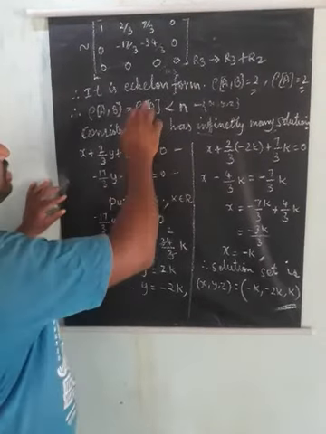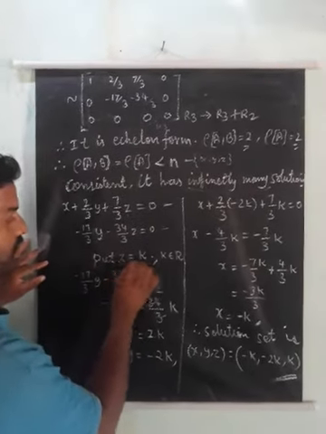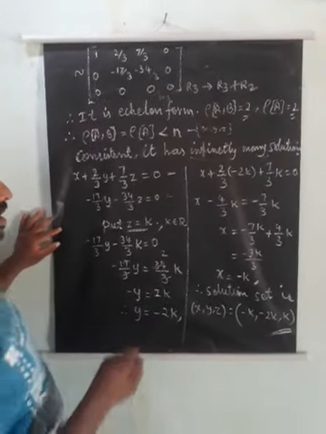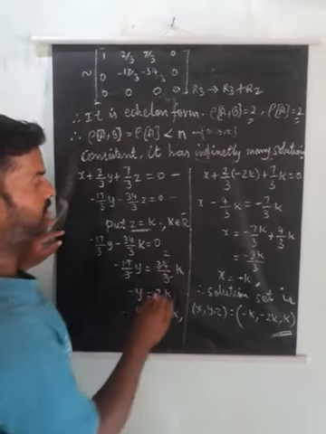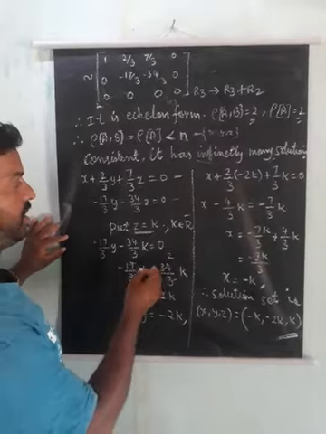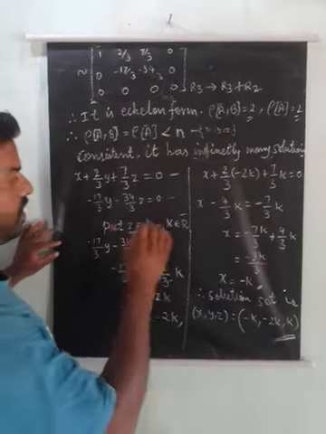One equation is missing because that row is fully 0. So we put z equal to k, where k is any real number. If we take any real number, we get other values, so z has many values.